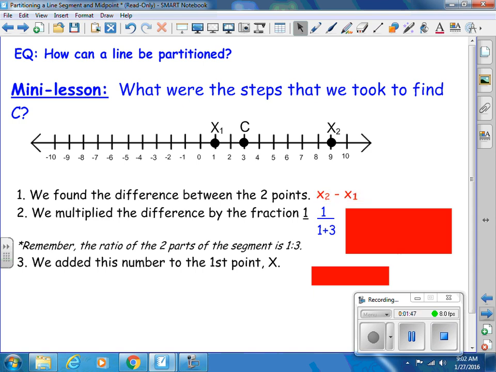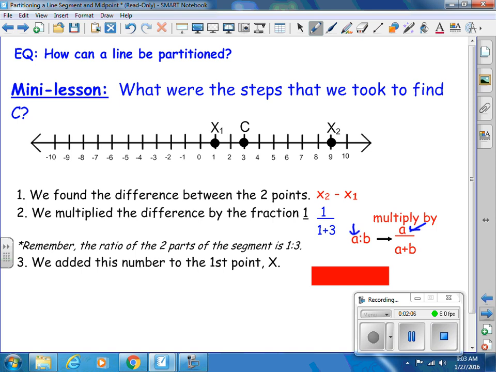That gave us the distance. Next, we multiplied the difference by the fraction. Well, we knew we were going to find 1 part out of the 4, that total ratio 1 over 1 plus 3. That's the same as saying A to B, our ratio. We're finding A, the first part of the ratio, divided by the total amount of parts.